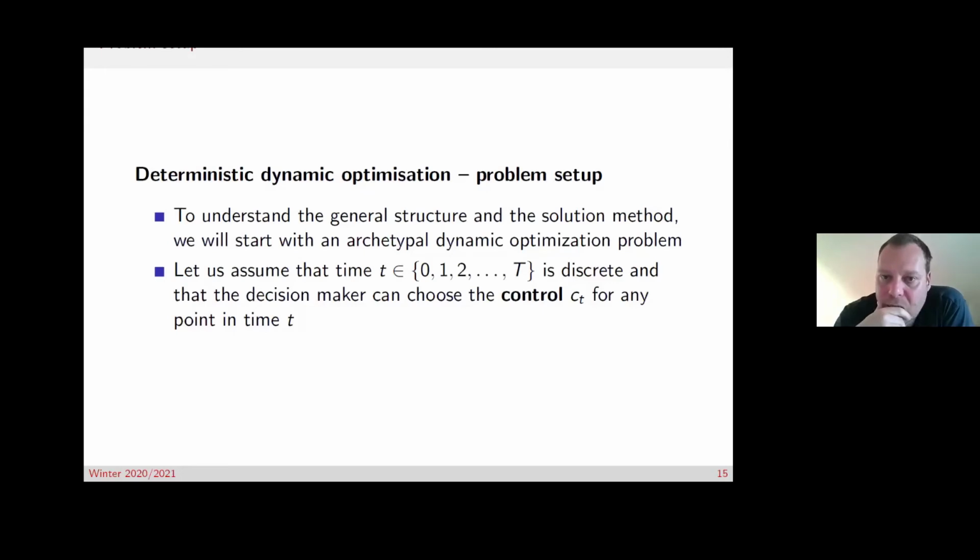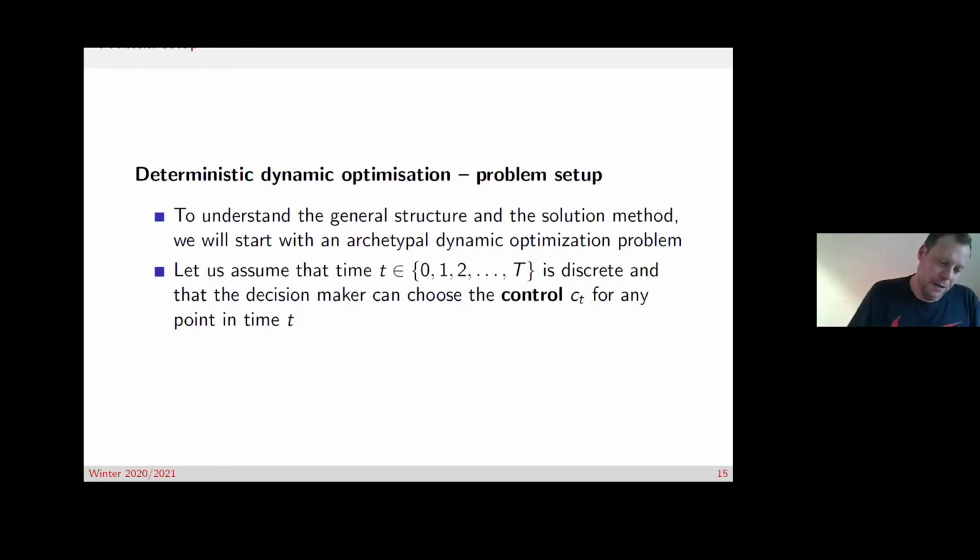As I told you, the general setup of all those problems is more or less identical. You have some sort of objective that you want to reach, maximize or minimize or whatnot.